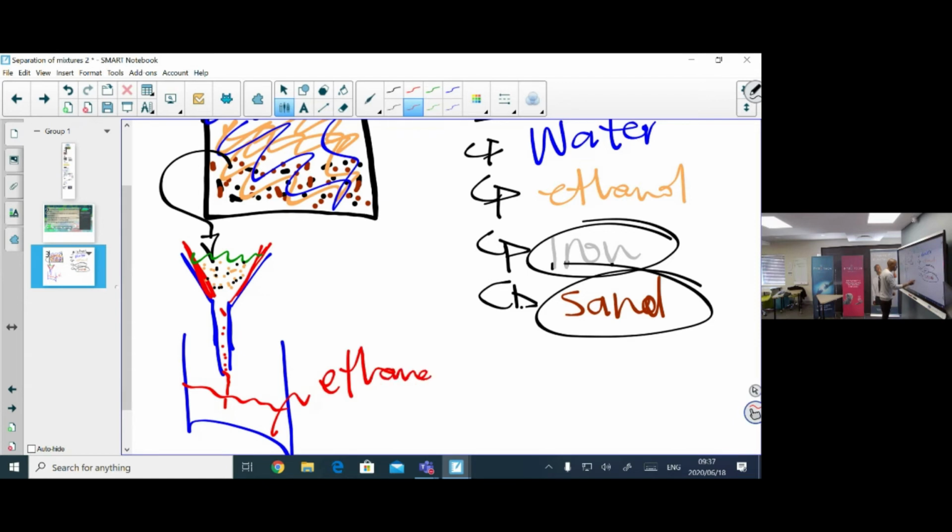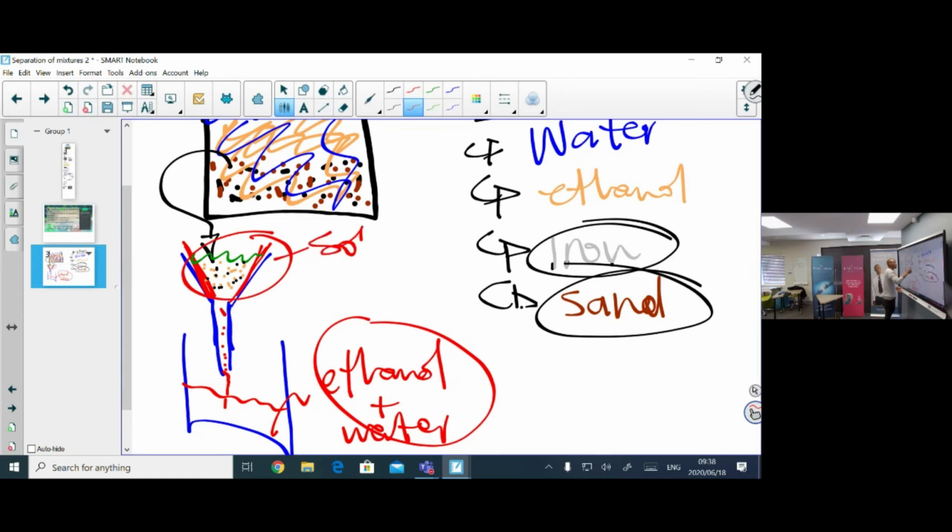We would have ethanol and water, right? In this case, we have been able to separate our liquids from our solids using filtration. Awesome.